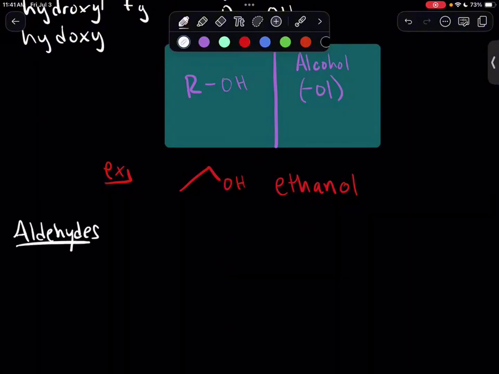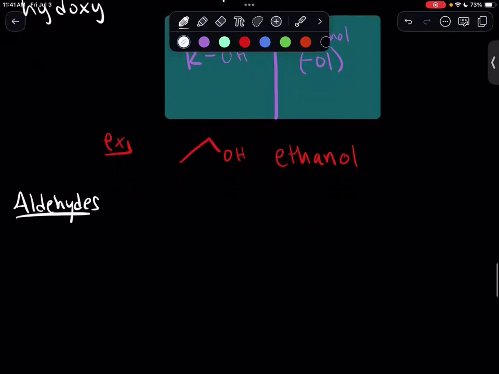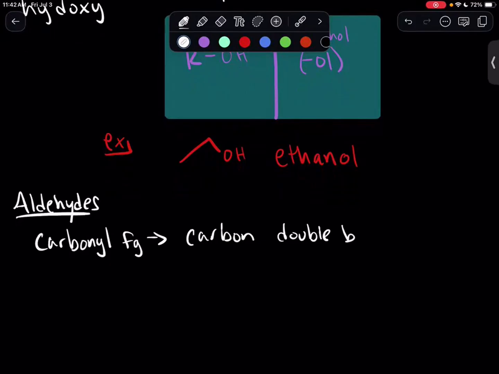And I apologize for how long this video will be. You may want to pause and start multiple times. So this is part of the carbonyl functional group. The carbonyl functional group is denoted by carbon double bonded to oxygen.